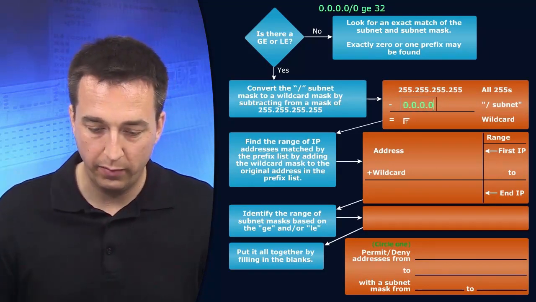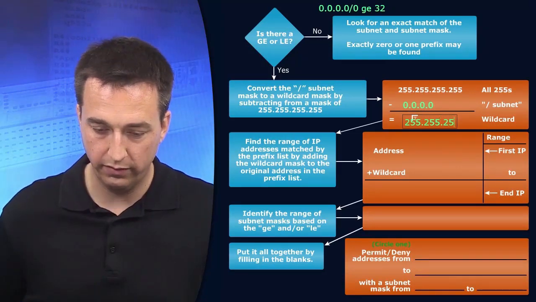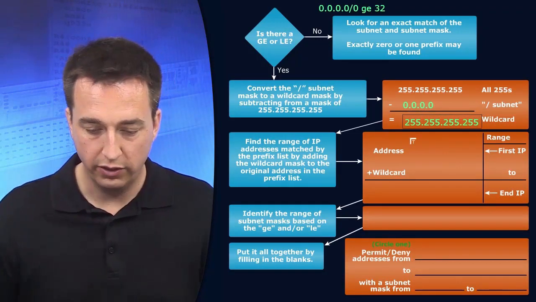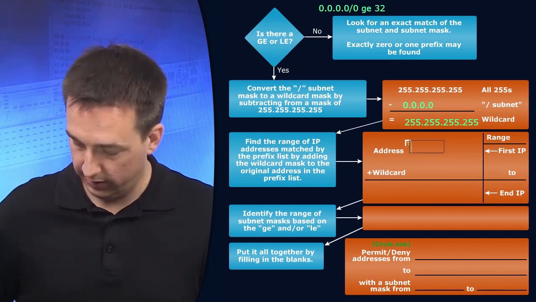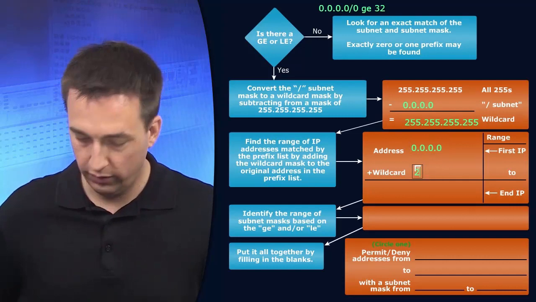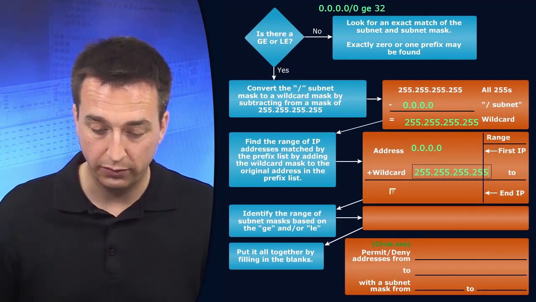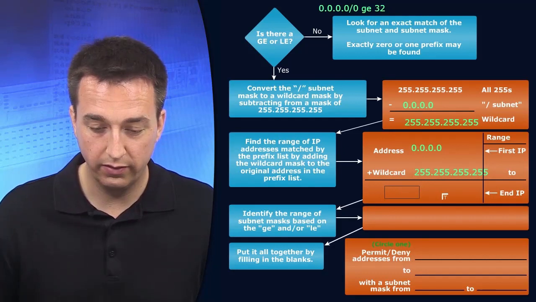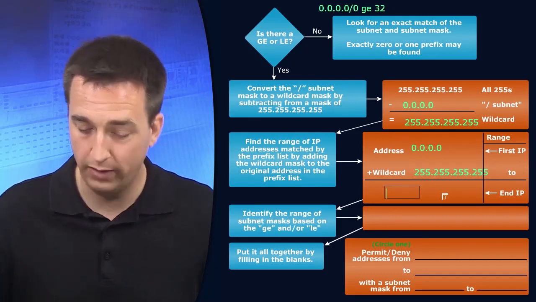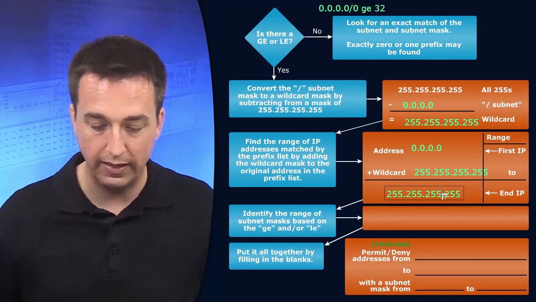So 255 minus 0 is 255.255.255.255. So our address is 0.0.0.0. Our wildcard mask is 255.255.255.255. And as a result, what do we have? Right, we have an ending IP of 255.255.255.255.